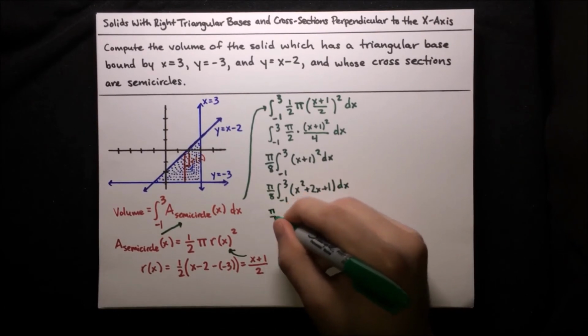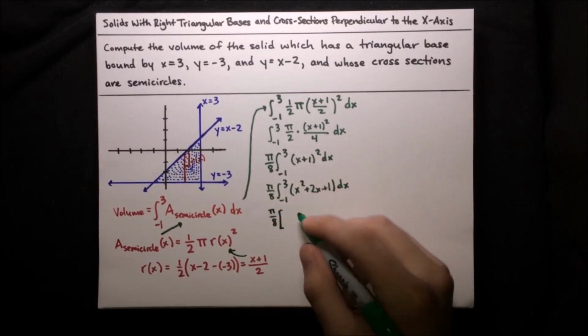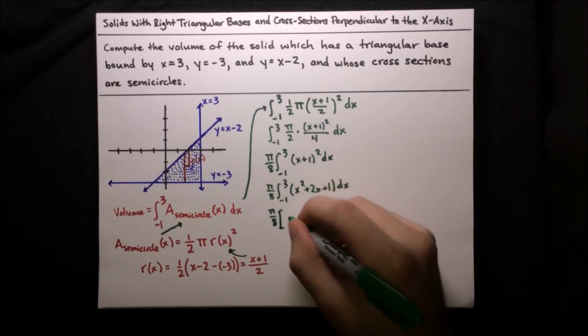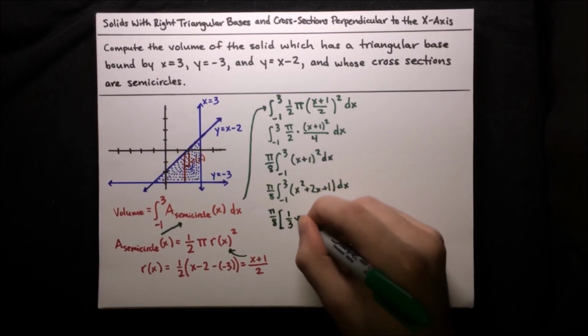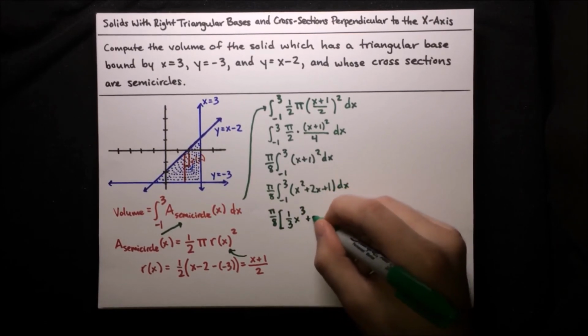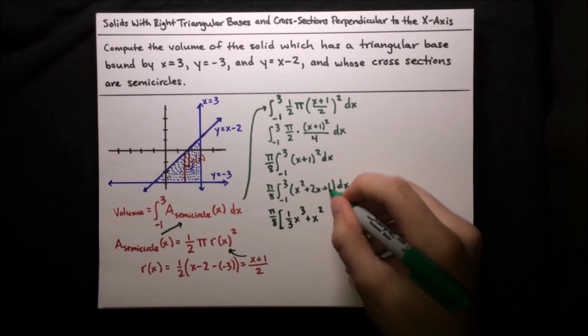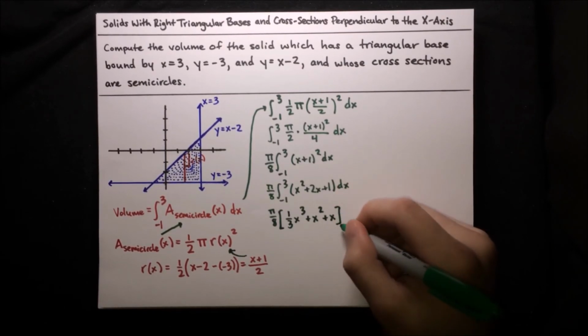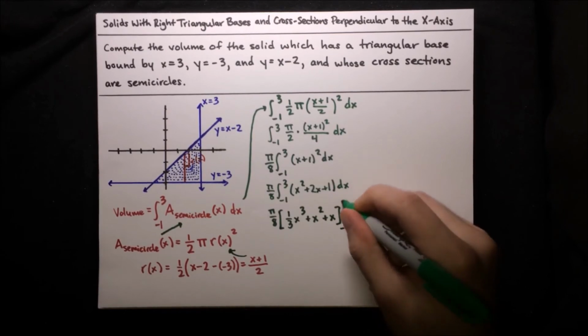Great, so pi over 8 times, what's this antiderivative? Well, antiderivative of x squared is just a third times x cubed, antiderivative of 2x is just x squared, and then antiderivative of 1 is just x. Alright, great. So now we just have to evaluate that at the bounds -1 and 3.